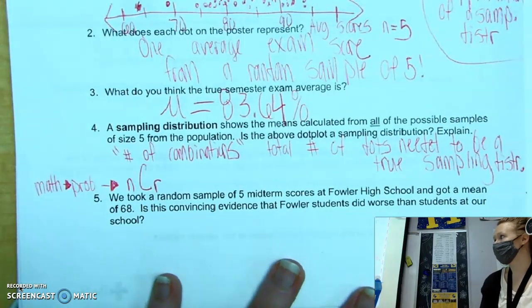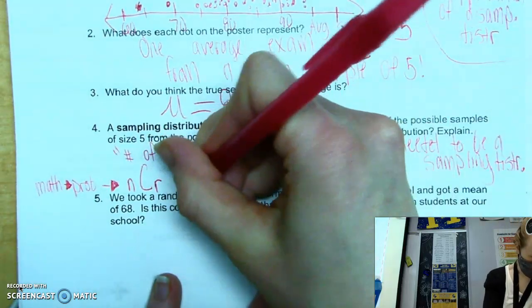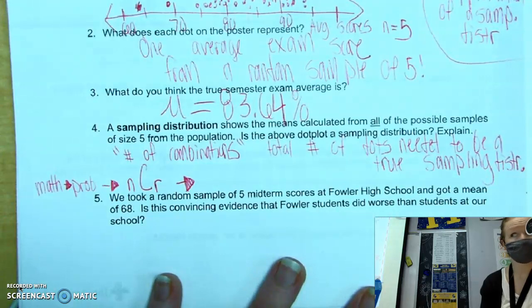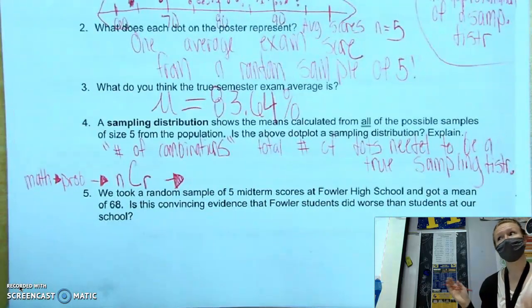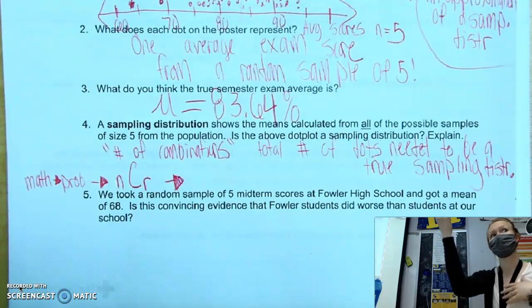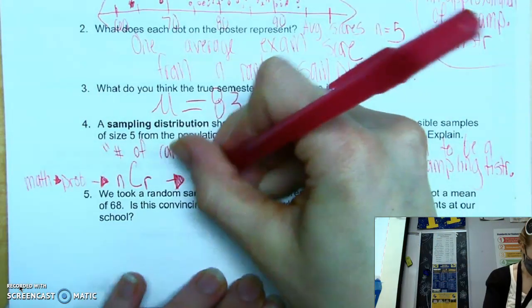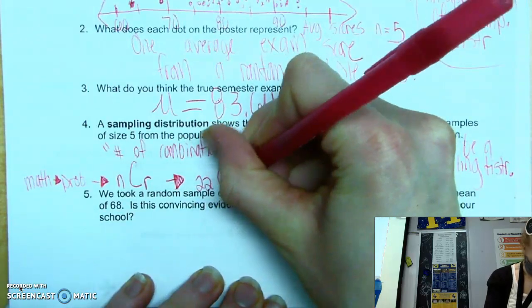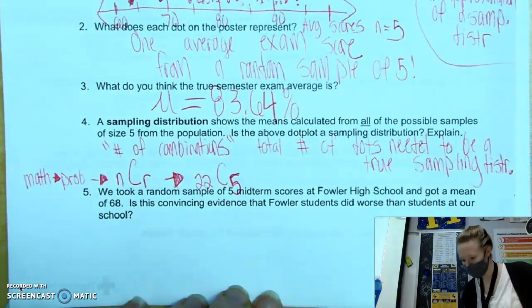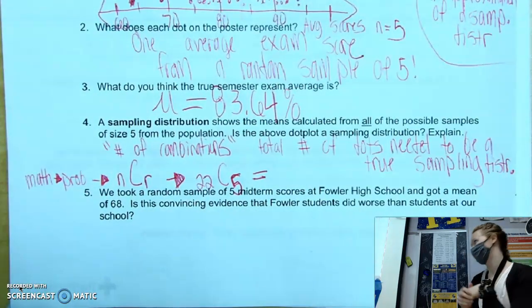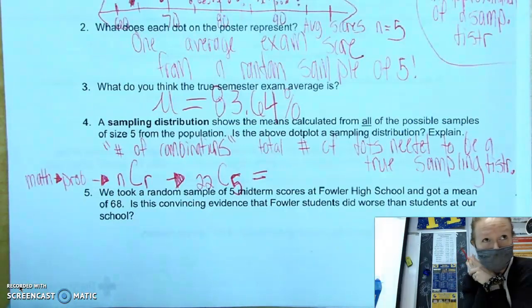So if we are looking at nCr, this is a little confusing. What should n be? In this case, your n's not 5, your n is the 22, and you're choosing the r, so you're choosing the 5. So you should have this function, oops, I should put a 5 here. You should have this function to talk about the number of combinations that you would need to have a true sampling distribution. Somebody give me that number.